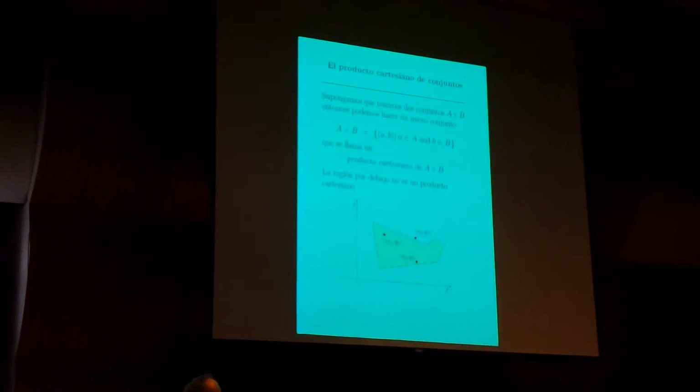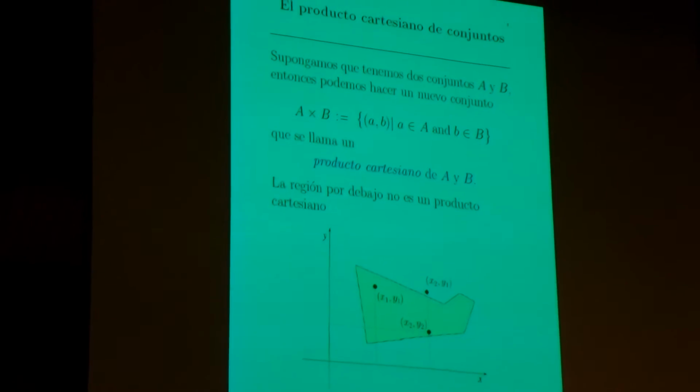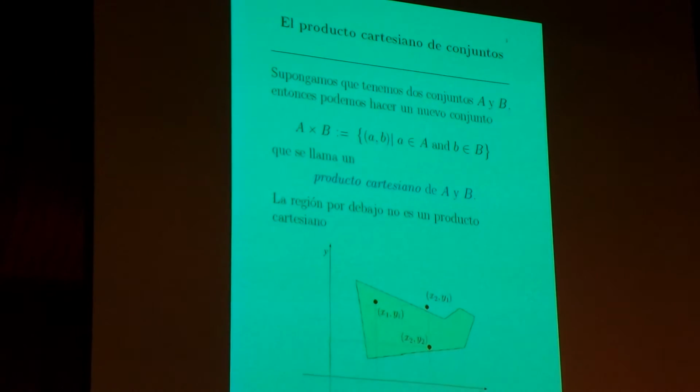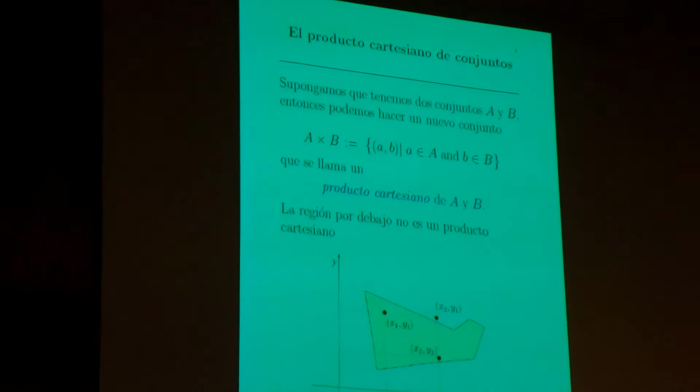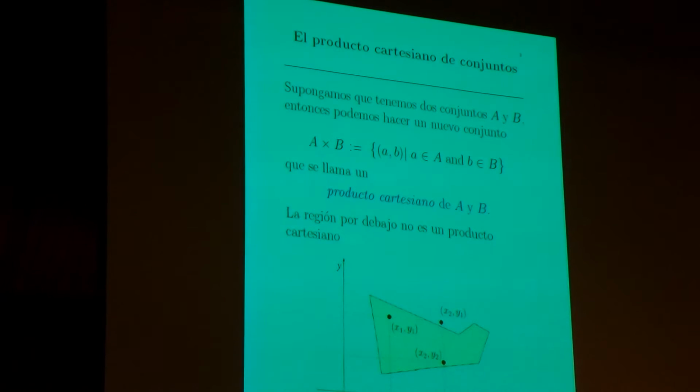Now, the first thing which I wish to discuss is an operation on sets, a very elementary operation in mathematics. This operation is called the Cartesian product, named after René Descartes.